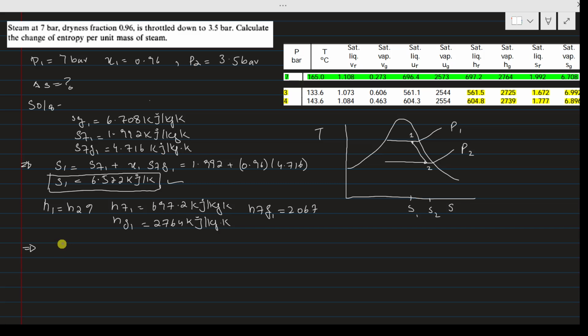Next we need to determine the H1 value, which will be equal to H2.